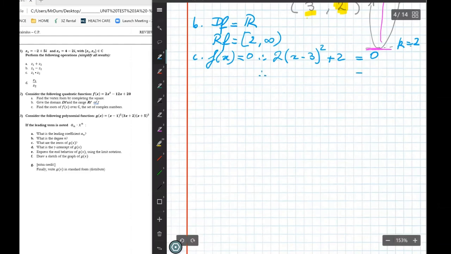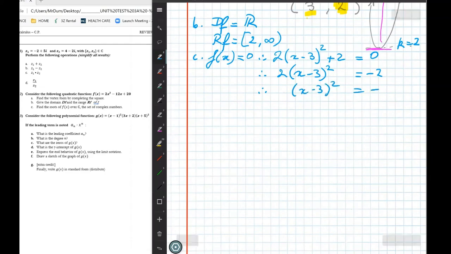And you just need to do some crossing over. And be careful here. You need to solve this over the set of complex numbers. So 0 minus 2 is negative 2. Negative 2 divided by 2 is negative 1.